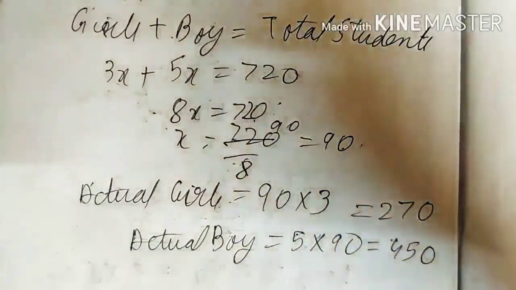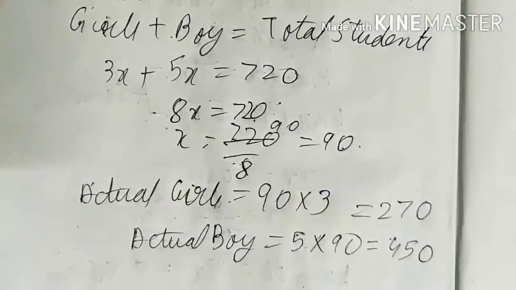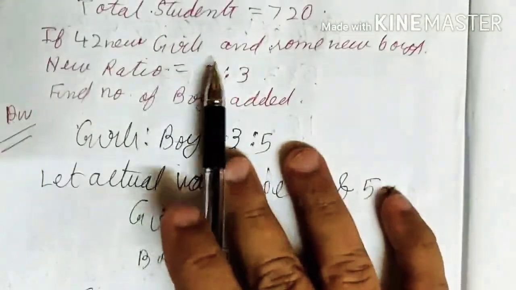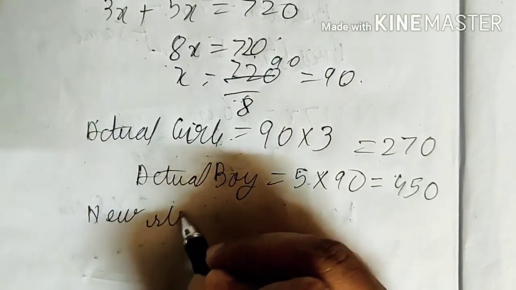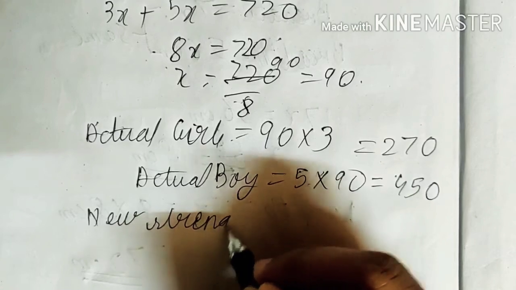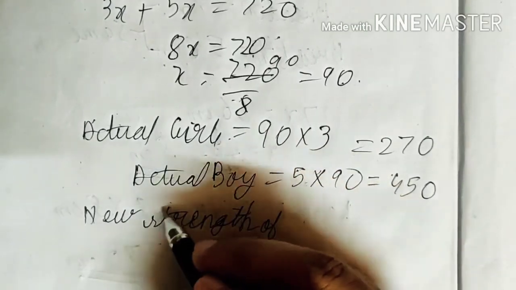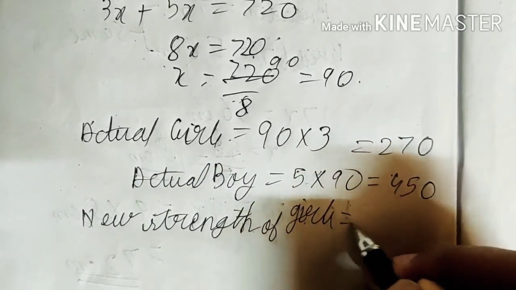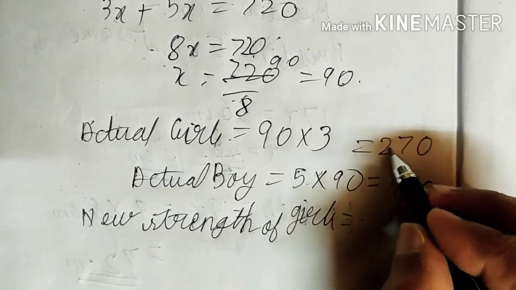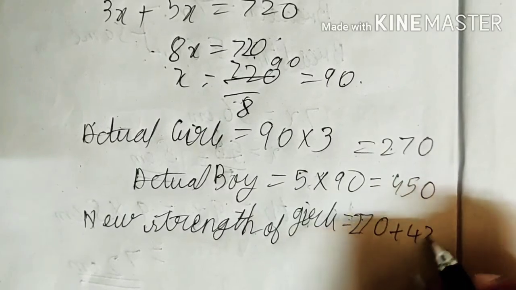Okay, actual number of girls here is 270, actual number of boys here is 450, and the question says that a few girls were added, 42. So the new strength of girls is 270 plus 42.